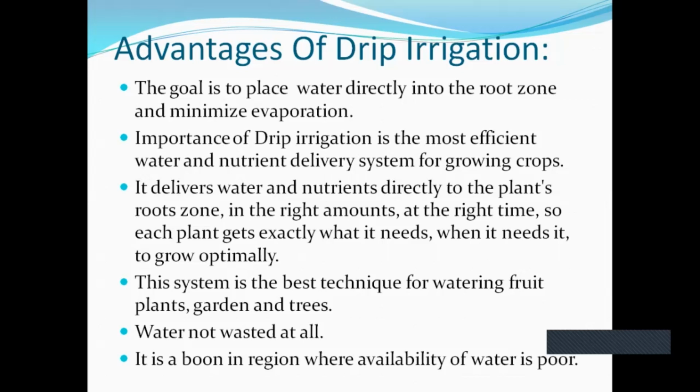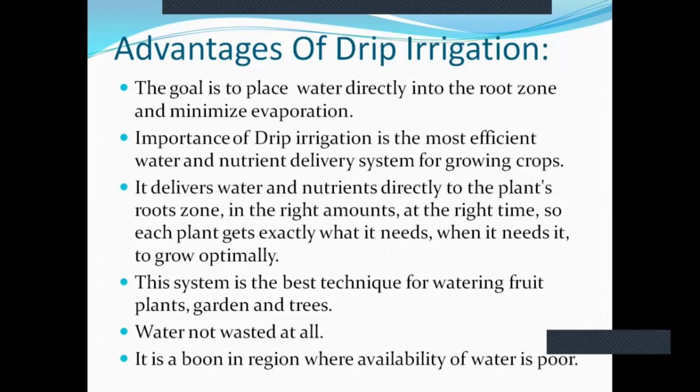Water and nutrients are delivered directly to the plant root zone in the right amount, not in excess, and at the right time also. So each plant gets exactly what is needed when it is needed to grow optimally and to its fullest.